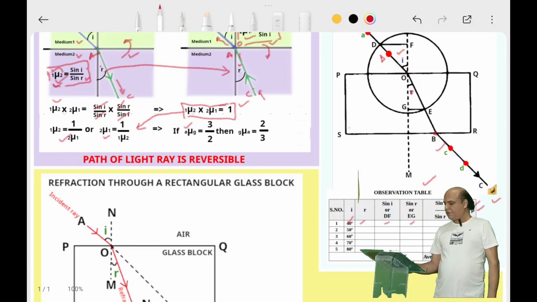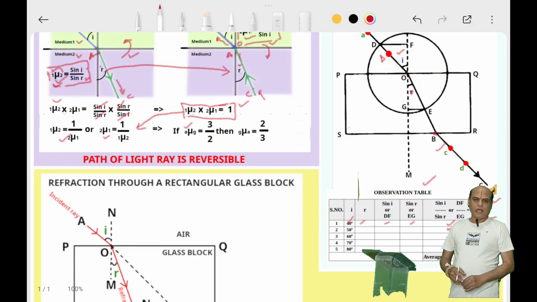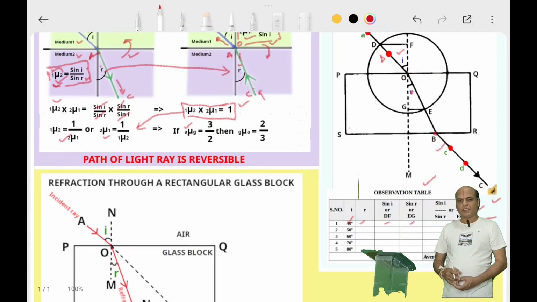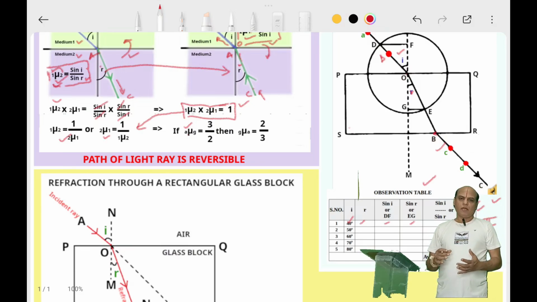Now when you do this experiment, we see that sin i by sin r, that is mu, is almost constant. It might vary slightly, but it is almost constant. So that proves our Snell's second law, that is, the ratio of sine of angle of incidence to sine of angle of refraction is constant for a given pair of media.